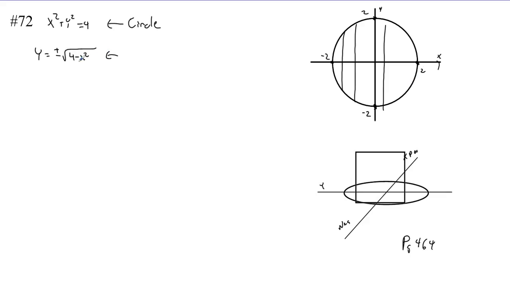So what I'm going to do is, I notice that this section here is symmetric to this section, so I'm going to make it y equals 2 times the square root of 4 minus x squared. I'm just going to take the volume that I calculate on the top and double it. That's going to give me the one on the bottom, and that gets rid of my plus and my minus. So that's pretty simple.